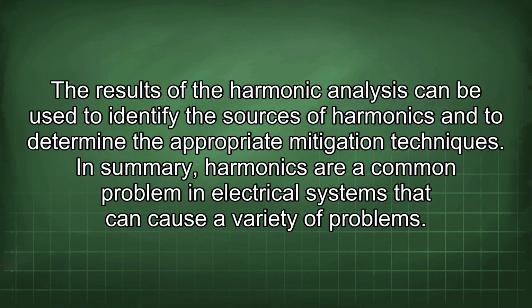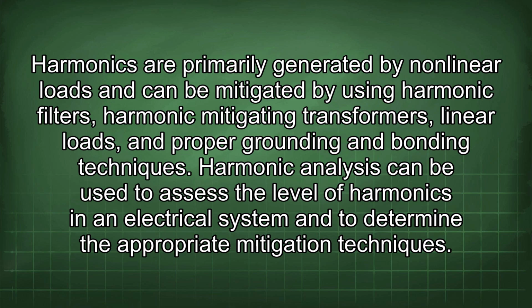In summary, harmonics are a common problem in electrical systems that can cause a variety of problems. Harmonics are primarily generated by nonlinear loads and can be mitigated by using harmonic filters, harmonic mitigating transformers, linear loads, and proper grounding and bonding techniques. Harmonic analysis can be used to assess the level of harmonics in an electrical system and to determine the appropriate mitigation techniques.